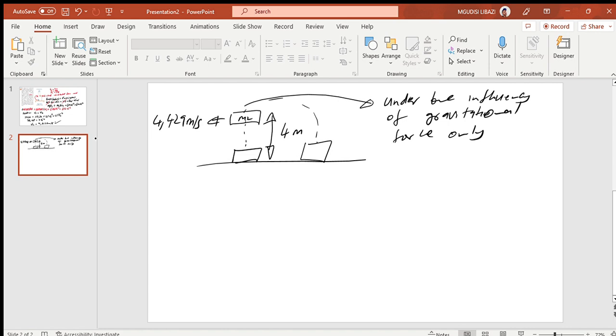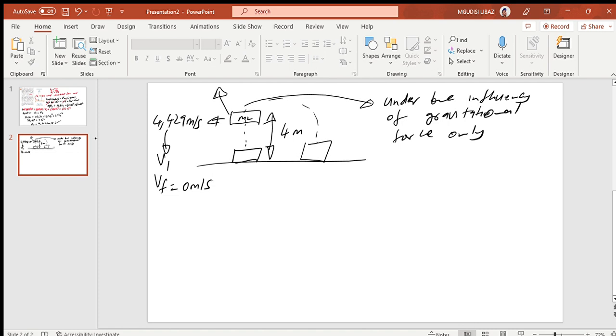So if it's in free fall, we can use the equations of motion, and we can take that speed as our initial velocity, and our final velocity is going to be 0 meters per second, because of inertia. When the box reaches that height, it will continue to move upwards until it reaches a speed of 0 meters per second and then go down again.